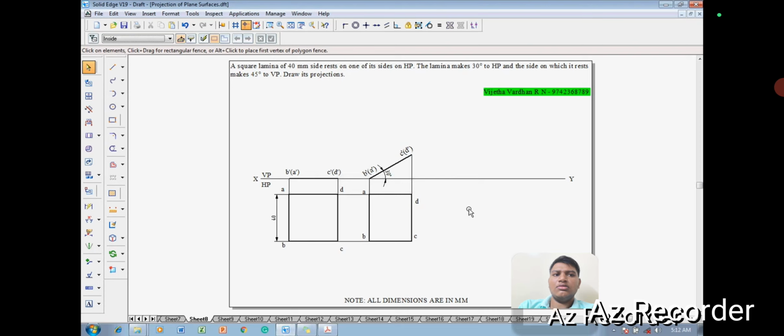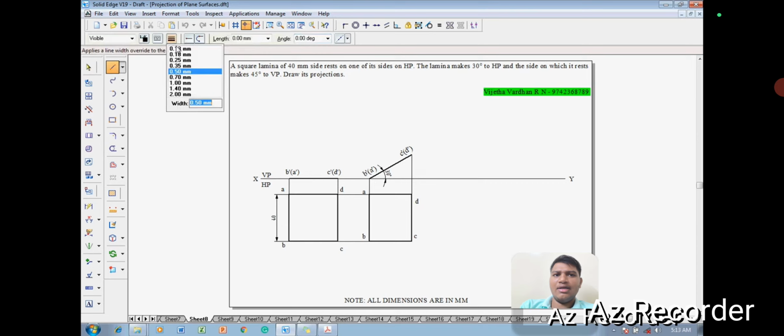So next I'll continue. Coming to the question, which is, let it make 45 degrees to VP. Draw its projections. So it is 45 degrees to VP. We must draw its projections. So I will select one side that makes 45 degrees.